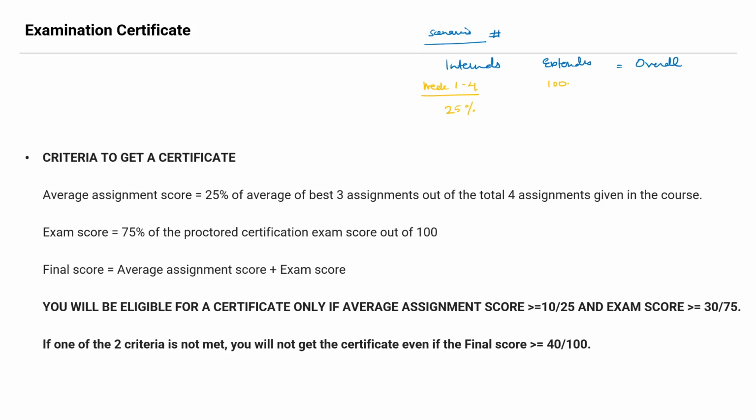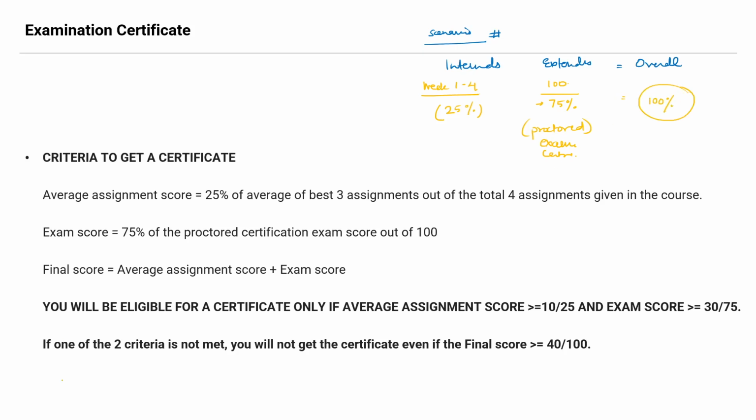The external will be given a weightage of 75%, which means it is the proctored exam, wherein you will physically go to the exam center. For the internals, all these quizzes have a weightage of 25%. And this will lead you to the overall scoring of 100%.